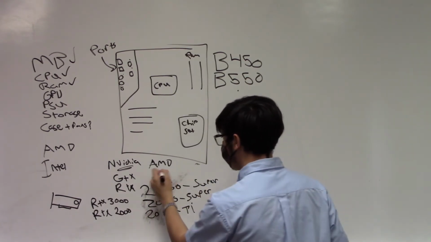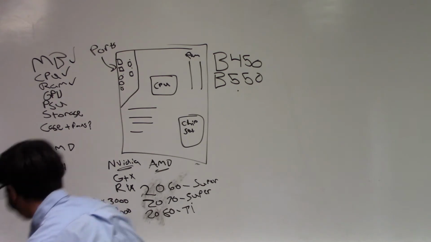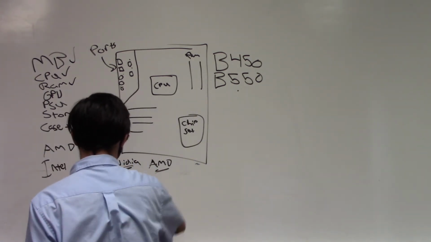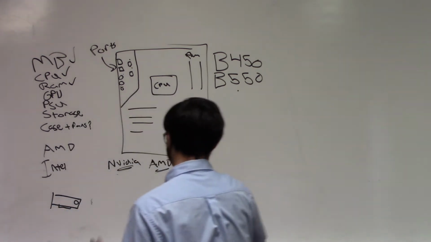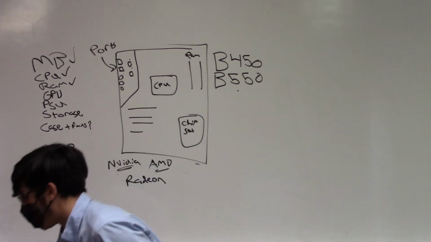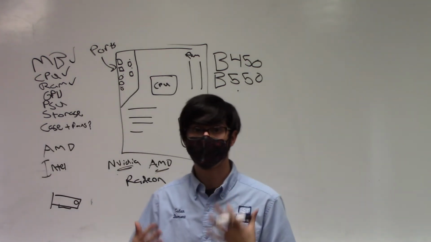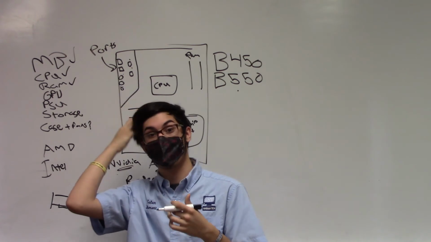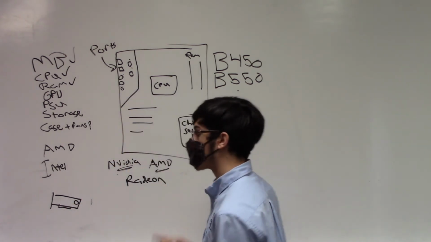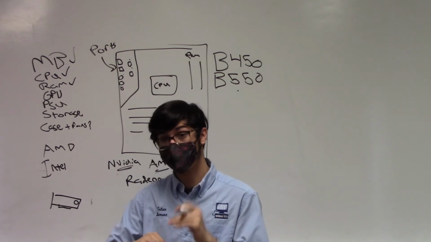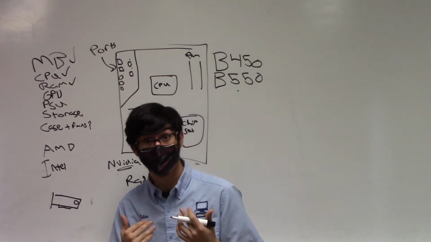And AMD has their line of graphics cards called Radeon, which is essentially the same thing as NVIDIA, except made by a different brand. Now, each graphics card brand has different brands that they associate with that manufacture the cards.